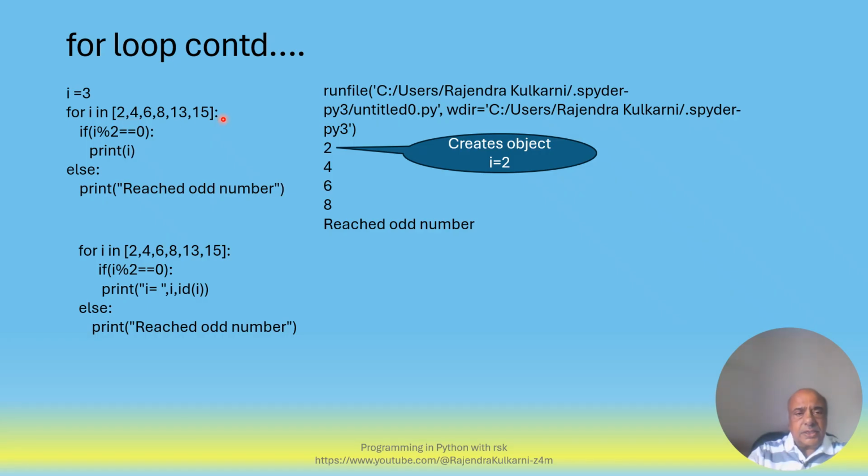Even if there is a range here, for I in range 10, 0 to 10, I will start pointing towards the first object 0, then 1. These are the different objects that will be created, to which I will be referenced.